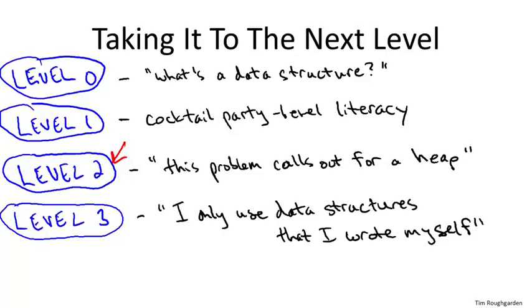So with this in mind, I'm going to focus my teaching on taking you up to level 2. My discussion is going to focus on the operations supported by various data structures and some of the canonical applications. So through this, I hope I'll develop your intuition for what kinds of data structures are suitable for what kinds of tasks. Time permitting, however, I'll also include some optional material for those of you wanting to take it to the next level and learn some about the guts of these data structures, the canonical implementations of how you'd code them up.